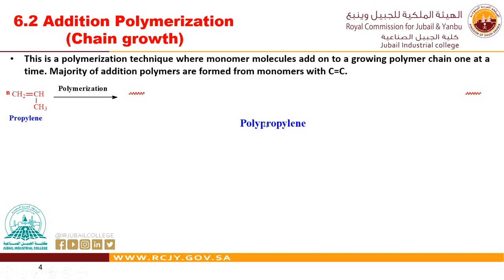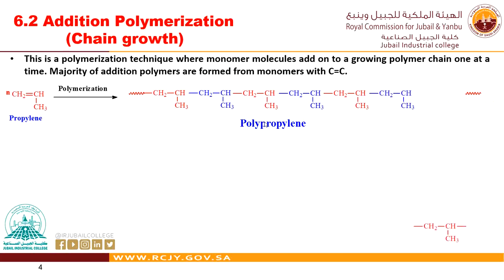The polymerization will start with the first monomer, and the second monomer will add to that to become a dimer, and another monomer will link to this to become a trimer, and then this reaction continues to have a tetramer, a pentamer, a hexamer, and you have what? Heptamer. But this reaction continues until all the monomers are consumed.